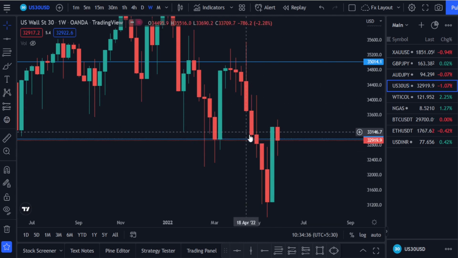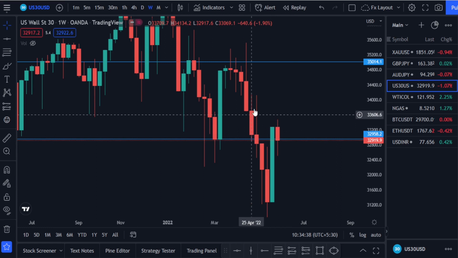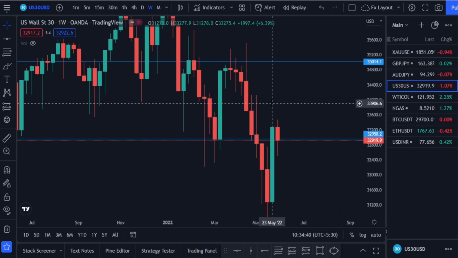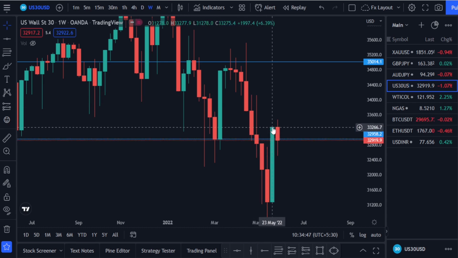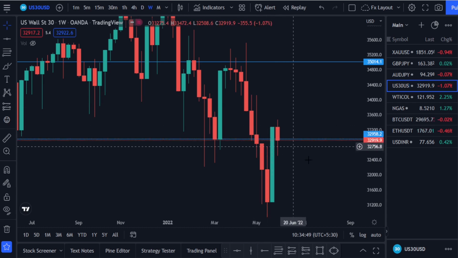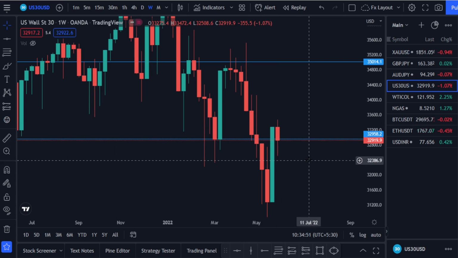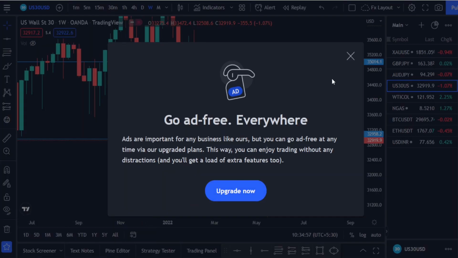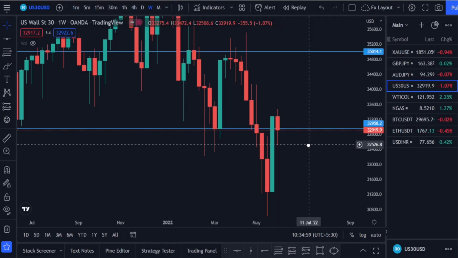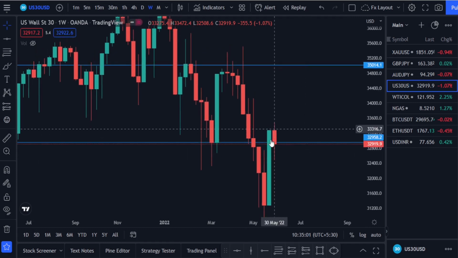The wicks mean the price went to these areas, so we had buyers and sellers in this area. When a candle doesn't have a top wick or bottom wick, that indicates that there are no buyers and sellers in that area. So why would the price go there if there are no buyers and sellers? That is why I mentioned last week that the probability of this candle moving up is 50-50.